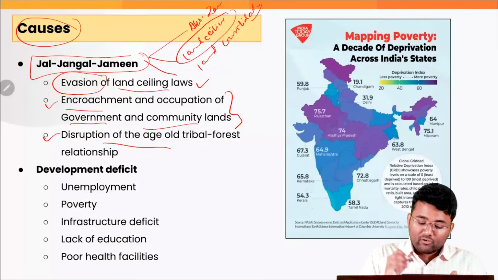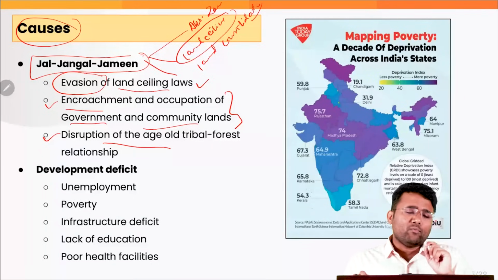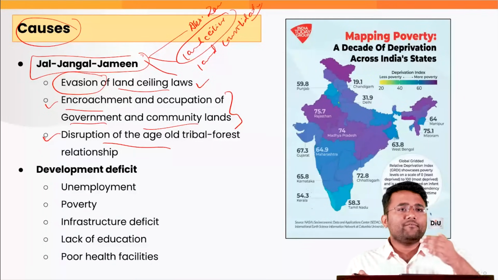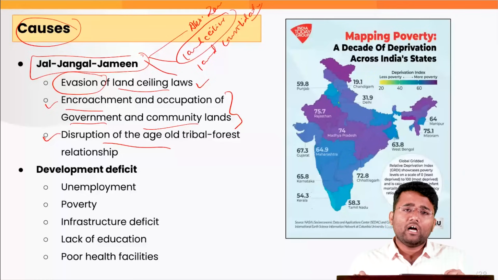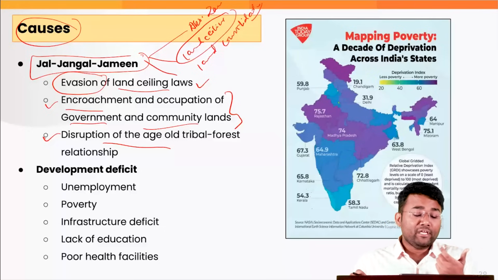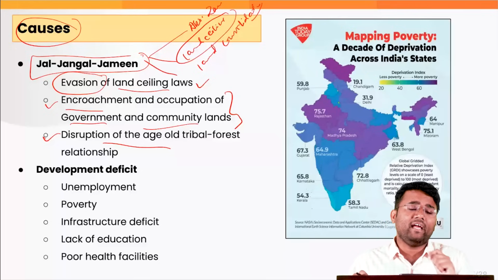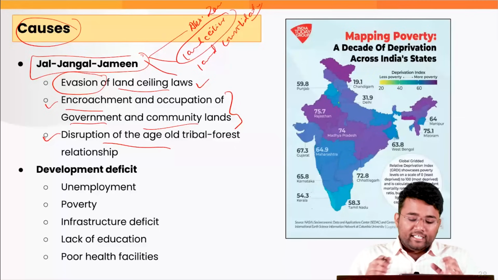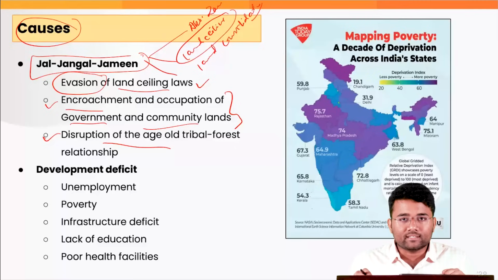Then there is the disruption of the age-old tribal-forest relationship. These tribal people were dependent on the resources they took from the forest, for example timber, fruits, etc. But due to various laws framed after independence, like the Forest Rights Acts, this age-old relationship that the tribal people have with the forest was disturbed.